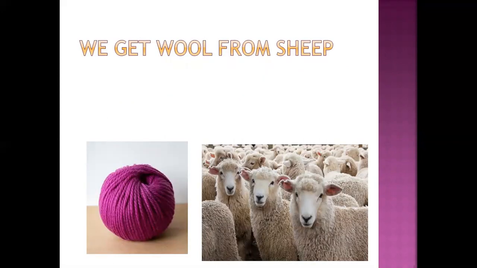Now, the different things that we get from the environment and how we use them for our good. As we all know, from sheep we get wool and from wool we make woolen clothes. So these are the different things clothes are made from, the materials required to make different kinds of clothes.